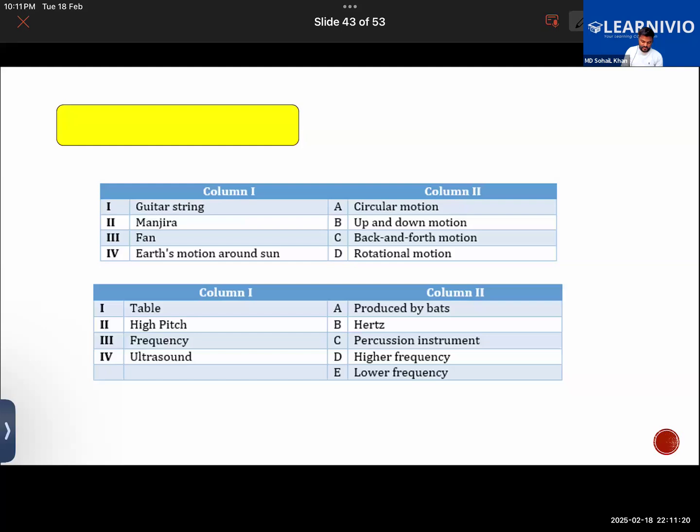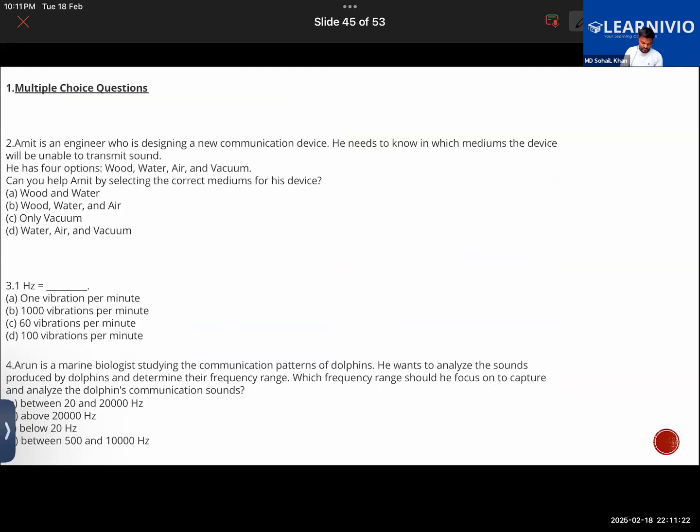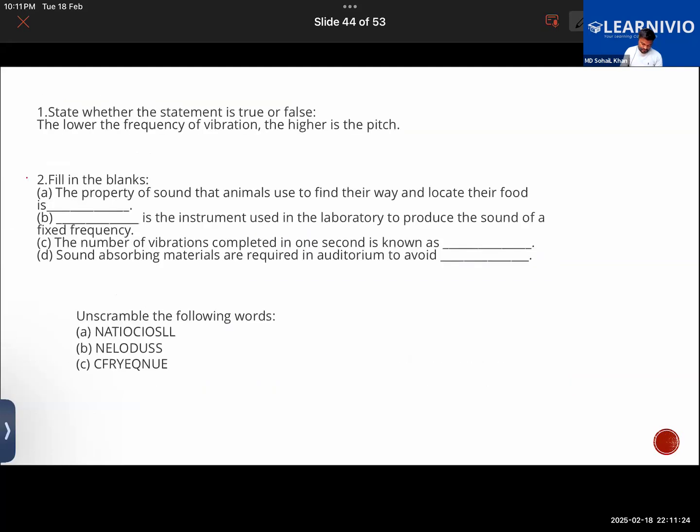Okay. These are some questions from the chapter sound, but do one thing, just open the PDF I shared with you. You can get it from the chat box. Open it. Now start answering the first question. Which part of the ear, as shown in the diagram, resembles the membrane of a tabla?